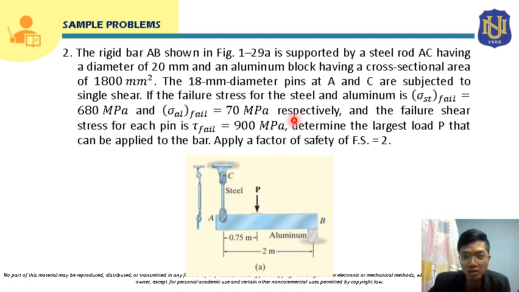And then for the pin, the pin here at A, there is a failure shear stress of 900 megapascal, and we can solve for its allowable shear stress using the factor of safety here. Okay, so let's try solving this problem.